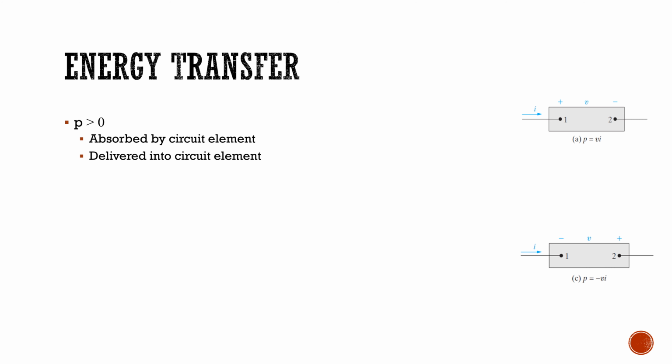We see this in the top circuit element. Our current is entering the circuit element at the positive terminal, and there is a voltage drop. And the current exits the terminal at the negative side. In this case, power is being absorbed.